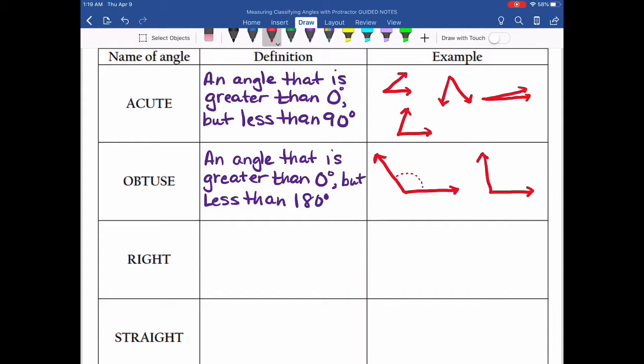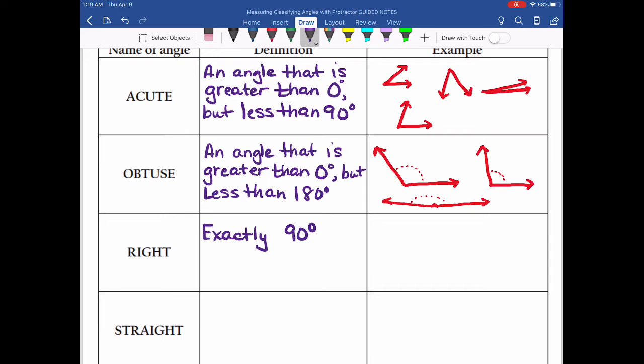This angle is kind of barely obtuse. I kind of made that look almost like it was 90 degrees. And sometimes you'll have angles that appear to be almost straight. And this angle, I'm not going to make that perfectly horizontal, but if I'm talking about that section of the angle, those are all obtuse angles. They're all greater than 90 degrees. They're all between 90 and 180 degrees, somewhere in that range of numbers.